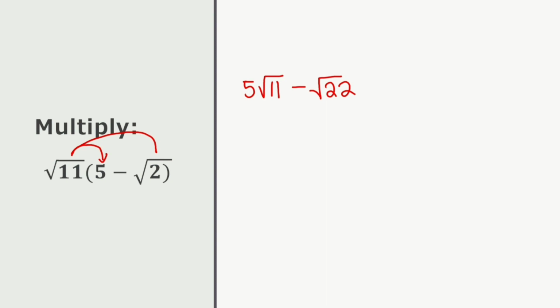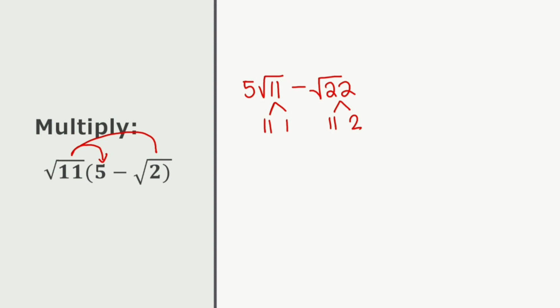Let's see if we can simplify square root of 11 and square root of 22. By prime factorization, 11 has the factors 11 times 1, so we know that it is a prime number. For 22, we have 11 multiplied by 2.